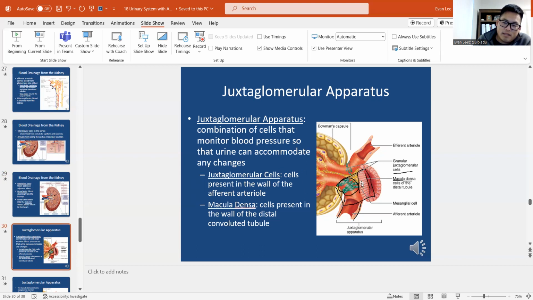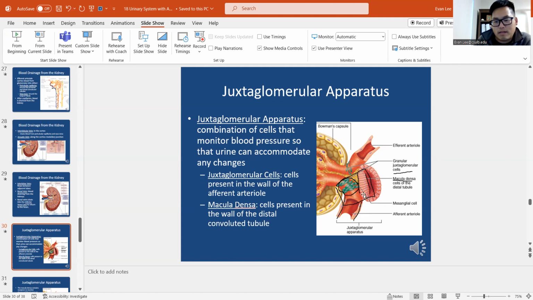But this is actually the distal convoluted tubule. And I'll show you that in a minute, but this is something that happens regularly. The distal convoluted tubule is really winding and goes everywhere, but it does come back and run right along the renal corpuscle.